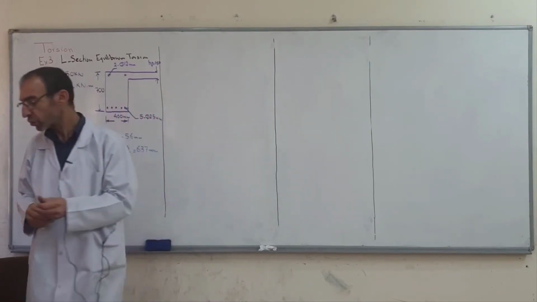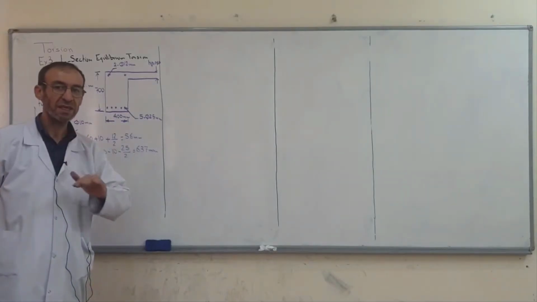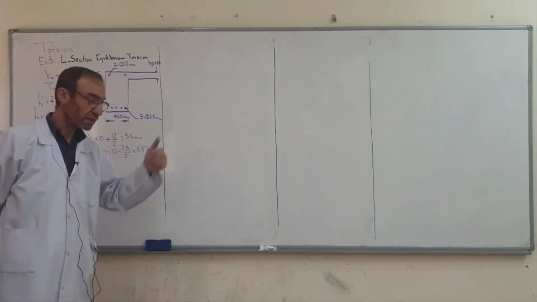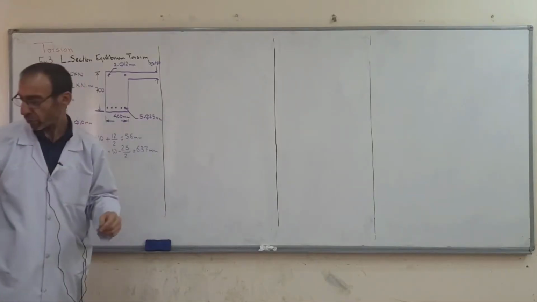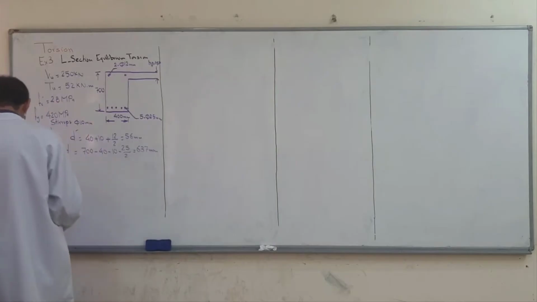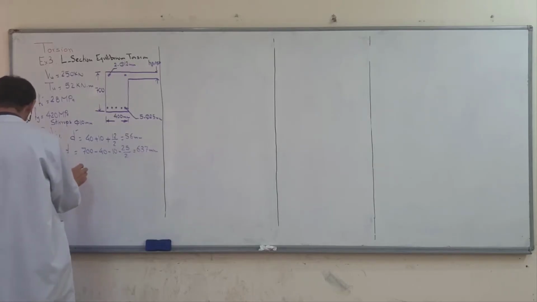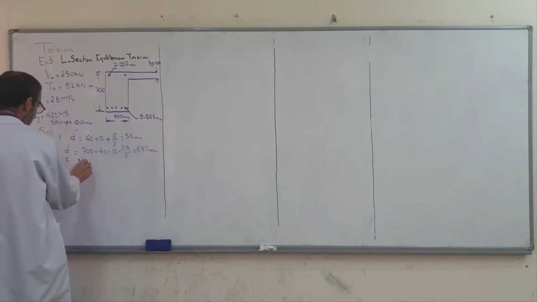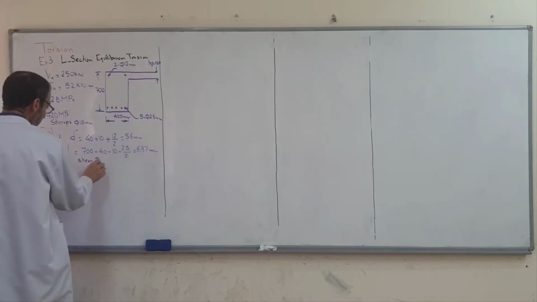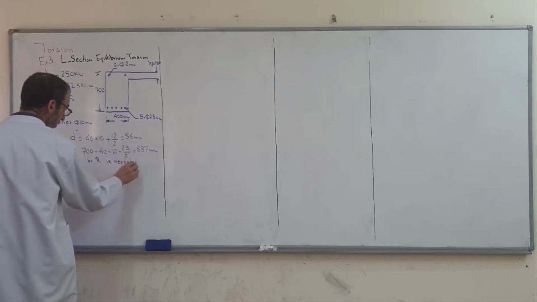Now I go to check the section for shear. We pass through the same procedure that we did in example number 1. Design for shear. Step 1 is done. Step 2: check if shear reinforcement is needed or not.